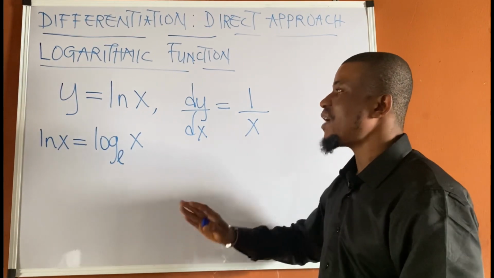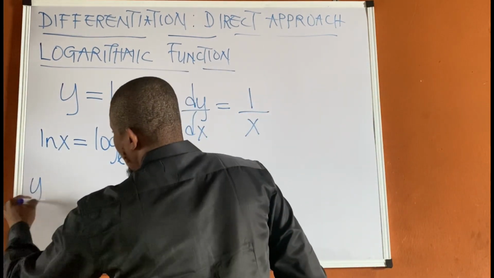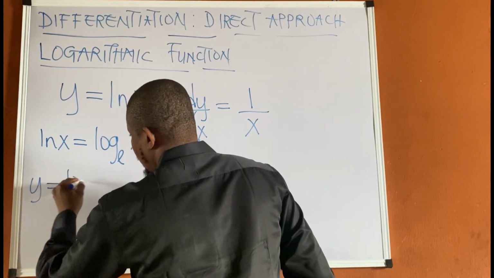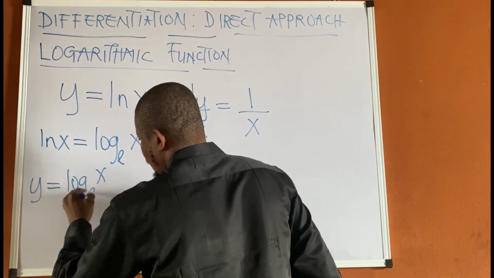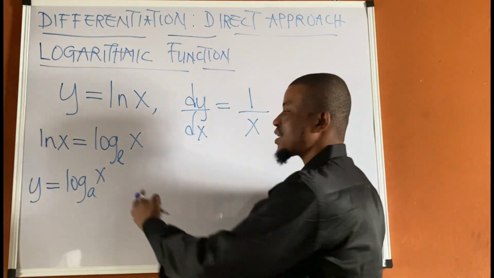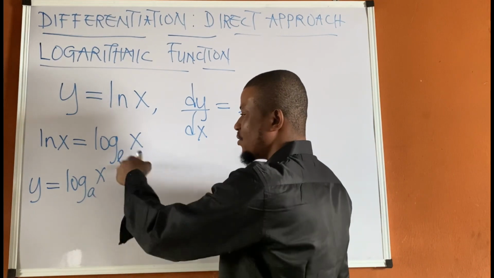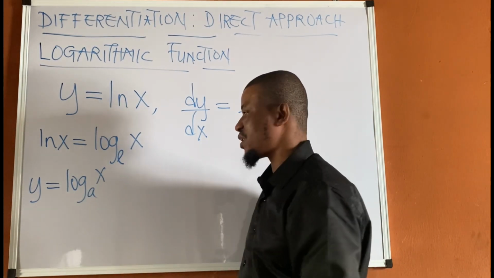Now, if you are given a function in a different base, let's say y equal to log x to base a, you have to change the base to base e before you can differentiate.